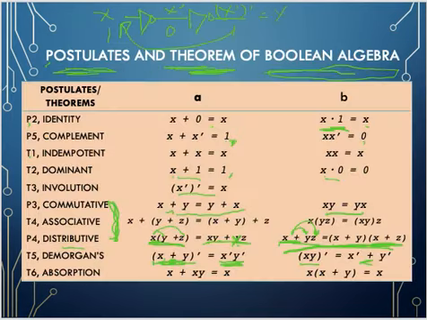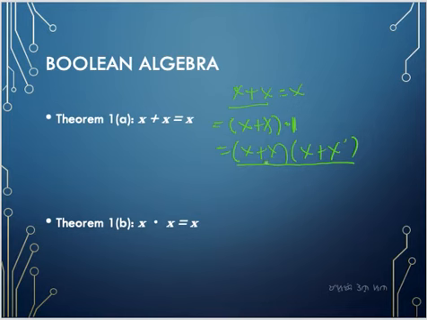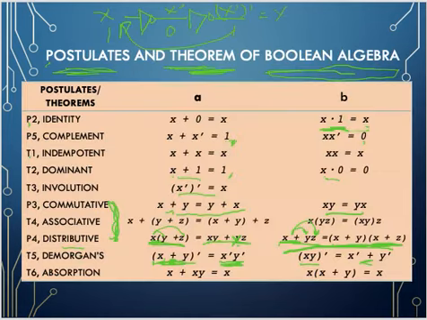Pwede ko siyang gamitin. So, therefore, pwede ko sabihin na that is equal to x plus x or x prime. Naka-distribute siya. Now, alam ko na ang x prime ay equal to 0 as base dito.